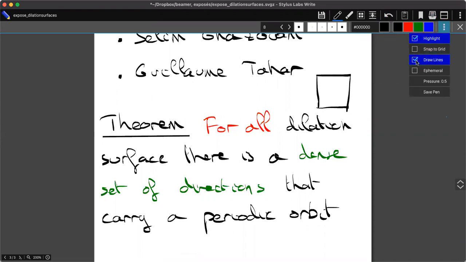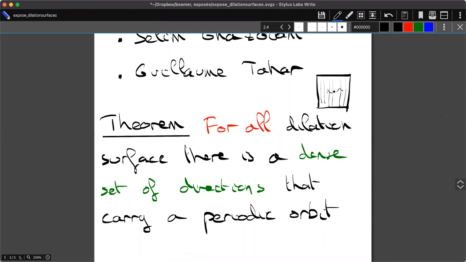For example, the foliation which is given by the vertical direction here is completely periodic. So in particular, we have a periodic orbit in this direction. But the theorem asserts that in the case of the torus, whenever you take a rational direction, you have a periodic orbit. So there is a dense set of directions which carry a periodic orbit in this case. And our theorem says that it's the same thing for dilation surfaces in general, for example the two surfaces that I've shown you before.